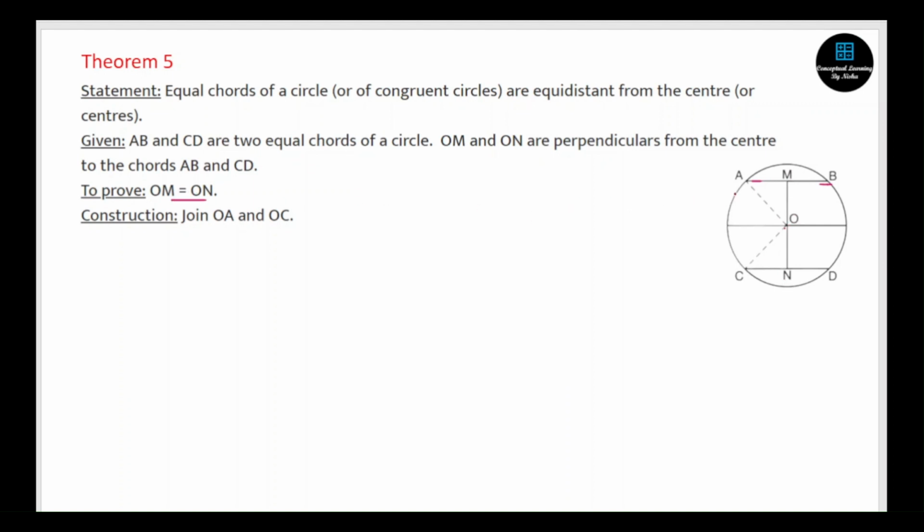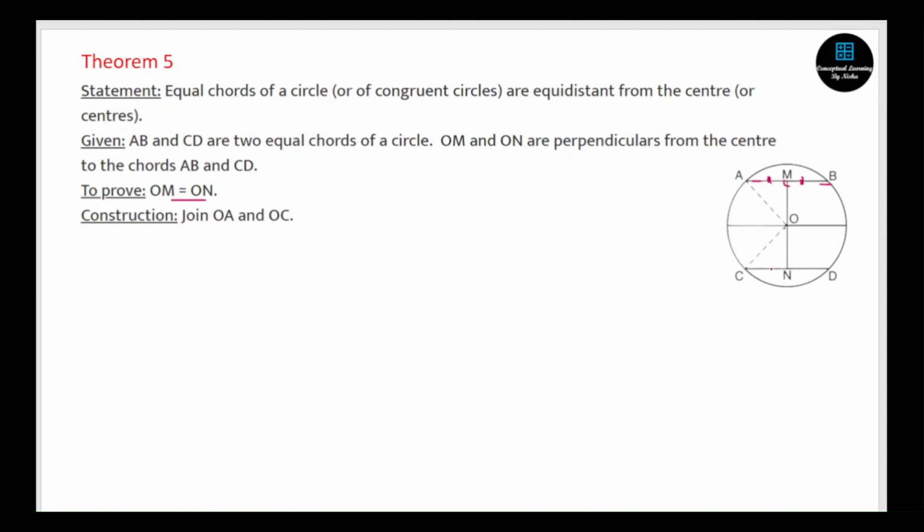Now, we have taken a construction. We joined OA and OC. Now, from the previous theorem, what we learned is that this perpendicular from the center on the chord bisects the chord. So M is the midpoint of AB.